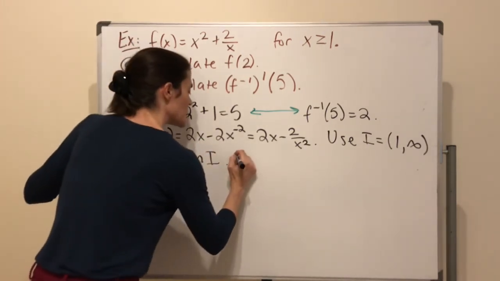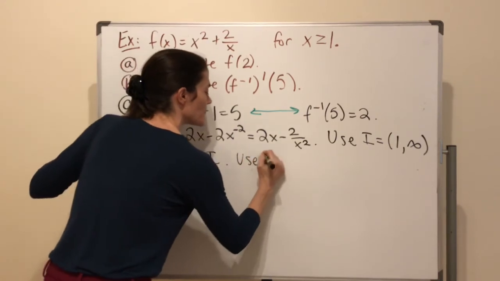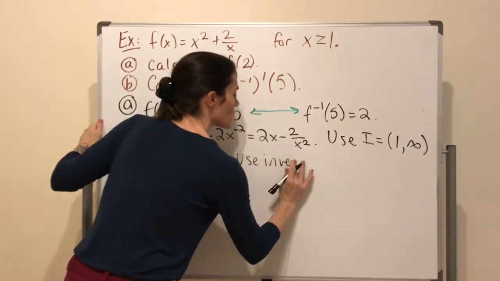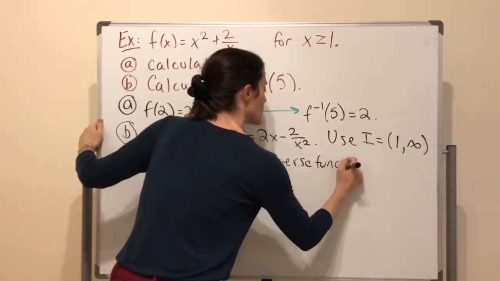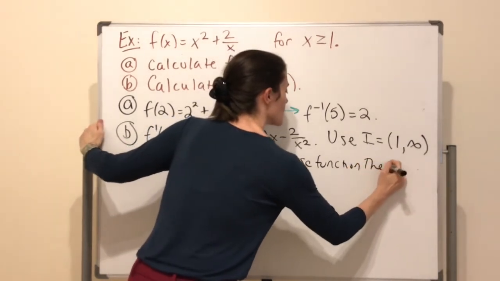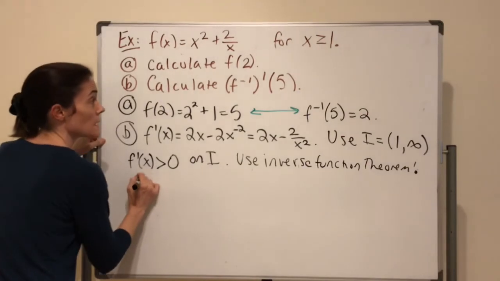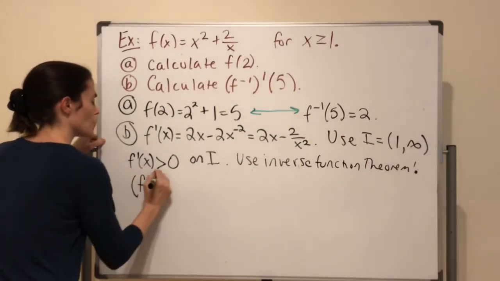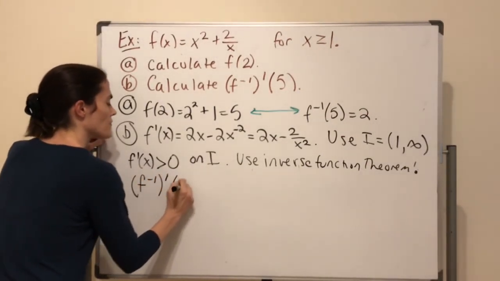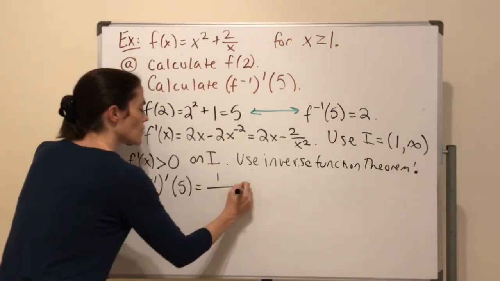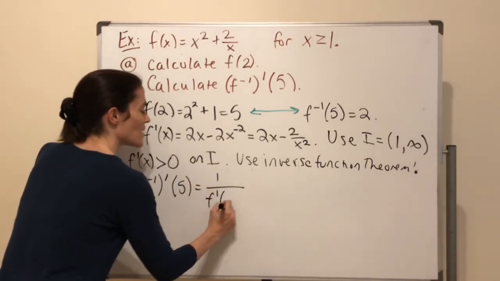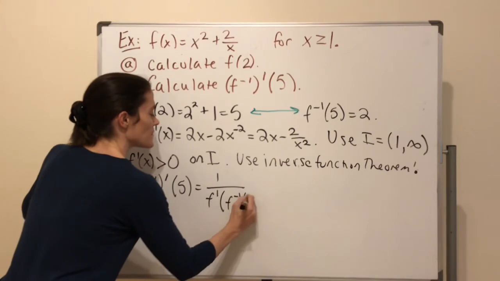So using the inverse function theorem, we get f inverse prime of 5 equals 1 over f prime of f inverse of 5.